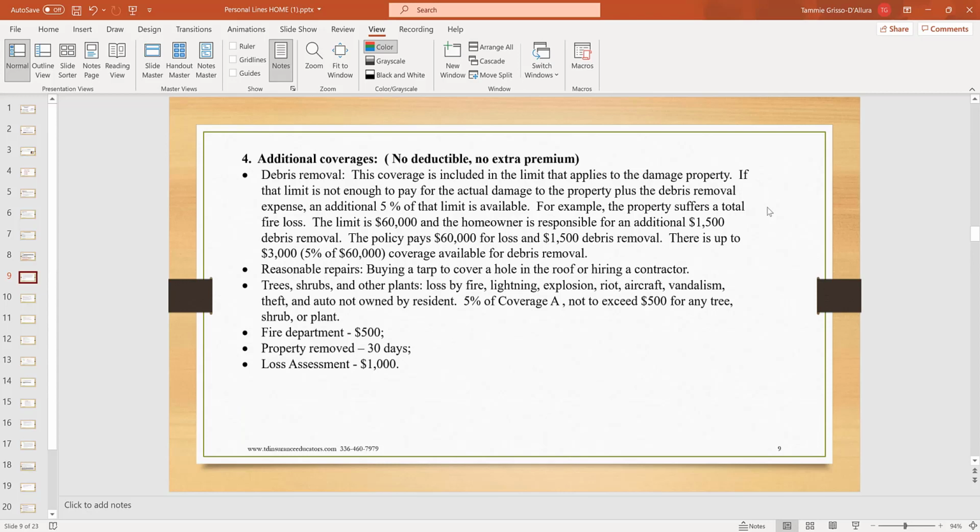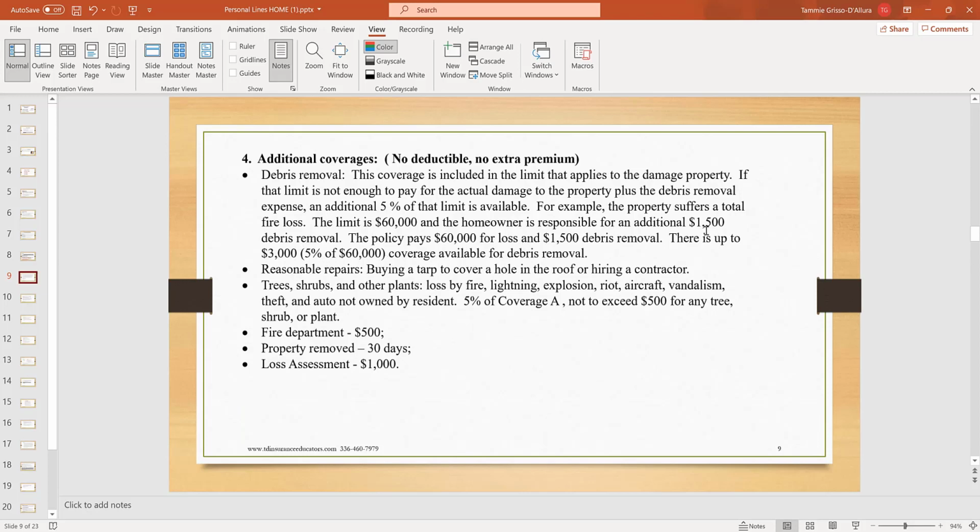The property suffers a total fire loss. The limit is $60,000. And the homeowner is responsible for an additional $1,500 debris removal. So the policy pays $60,000 and the $1,500 for the debris removal. Now there would be up to $3,000, because again, they've used up their limit, but they get an extra 5% if they need it.